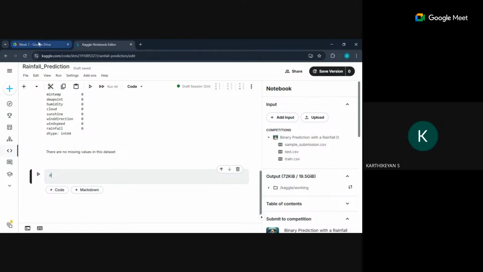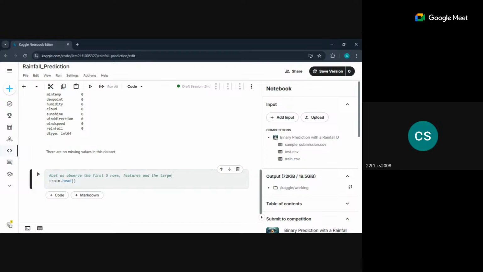Let us observe the first 5 rows, the features and the target.